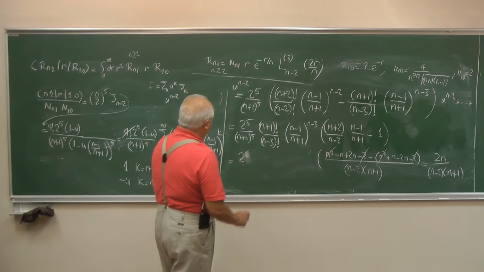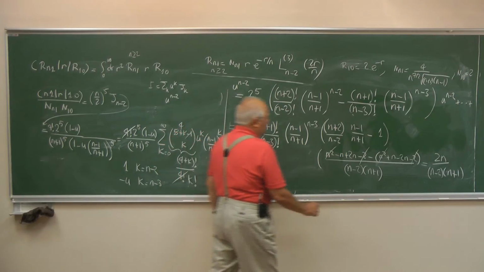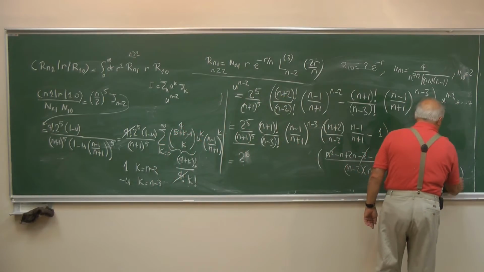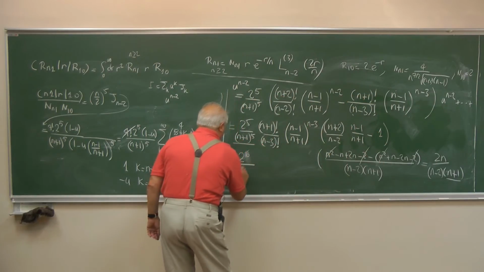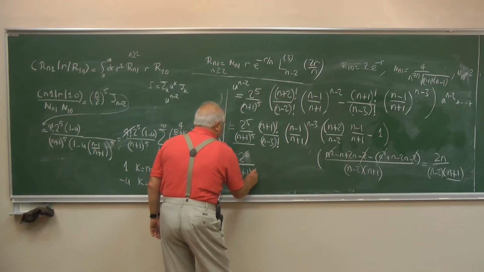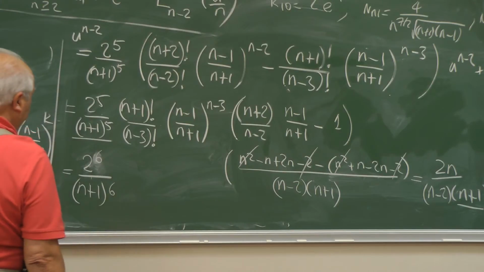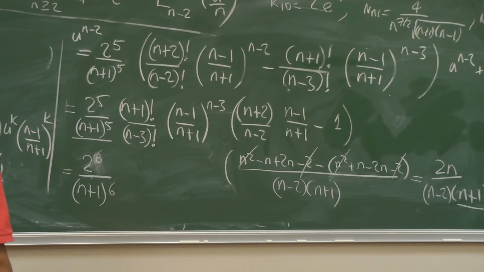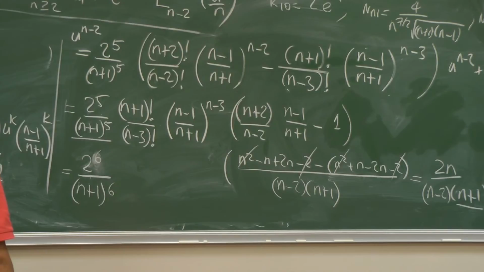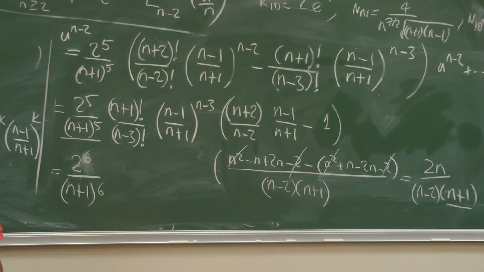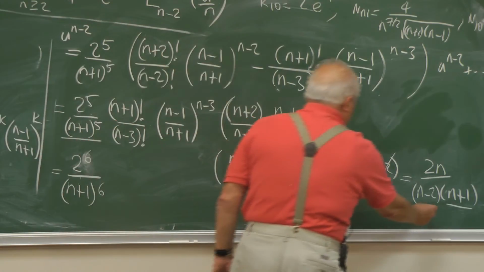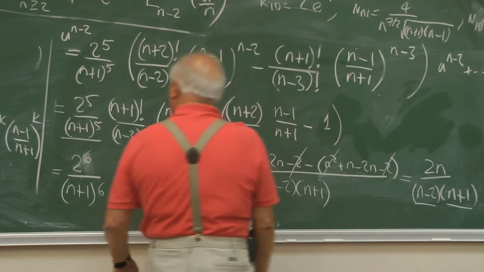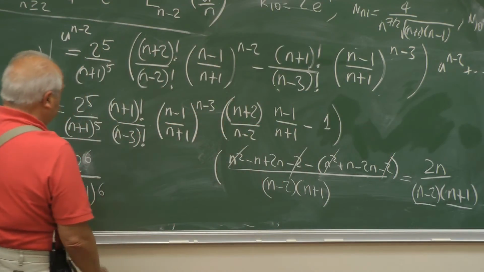I have n plus 1 to the 5, and I'm using n plus 1, so I have n plus 1 to the power 6. I'm using this, and I have n minus 2 factorial.